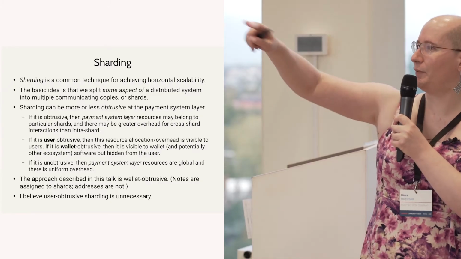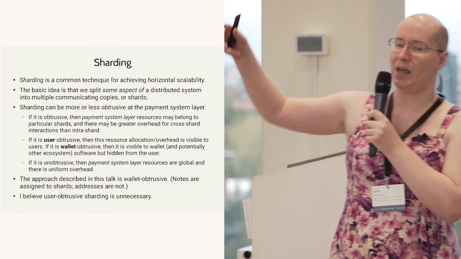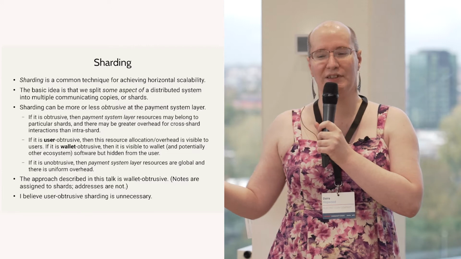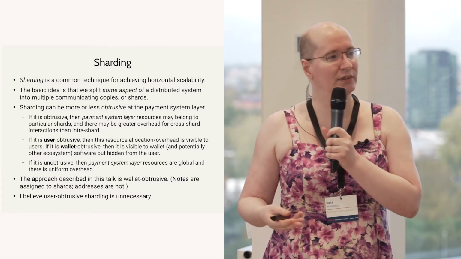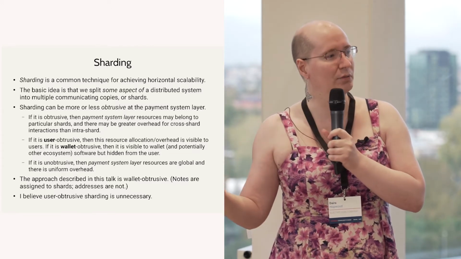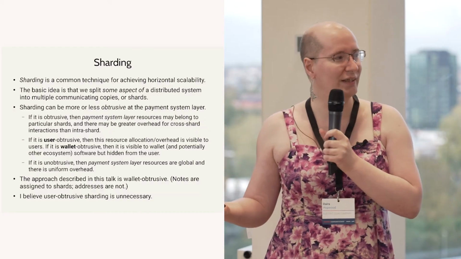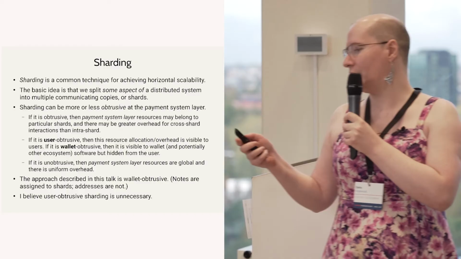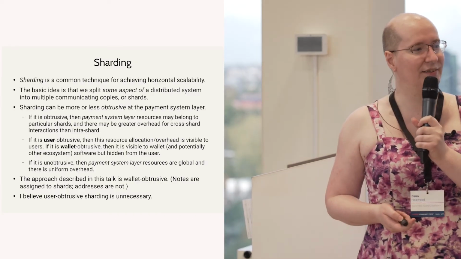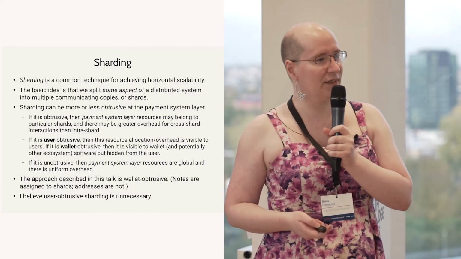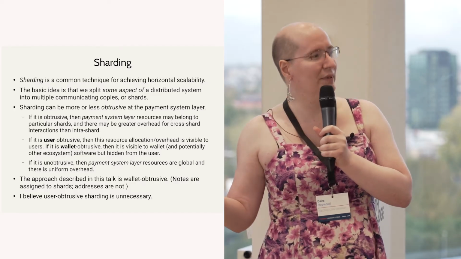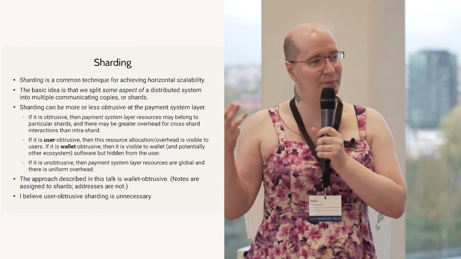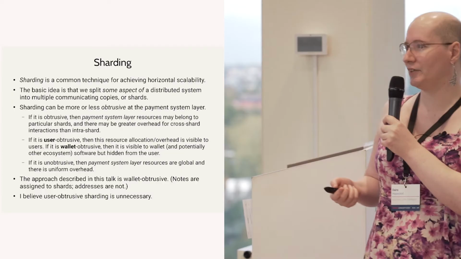This is basically a measure of how much participants need to take into account the fact that the network is sharded, what additional protocol complexities they have, and whether that complexity is visible to users. I think we should be able to make it not so visible to users, but wallet implementers will still have to take on board some of that complexity. And that's relatively fine.